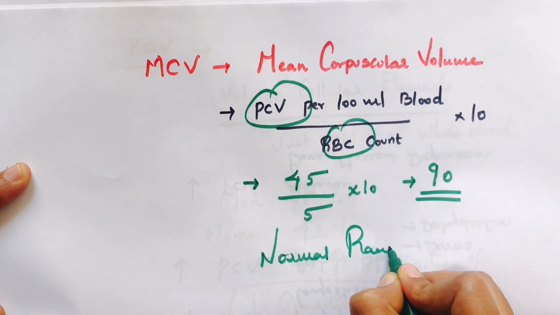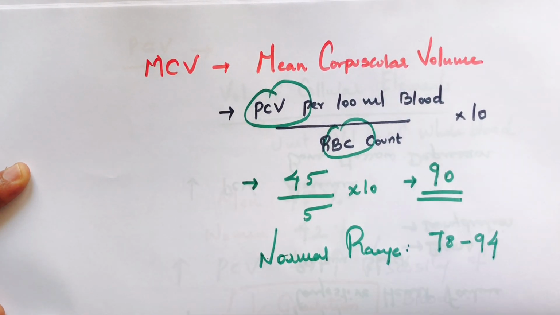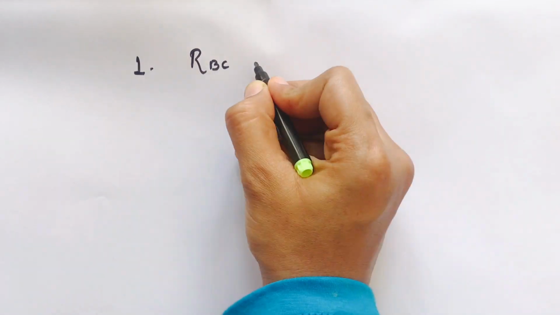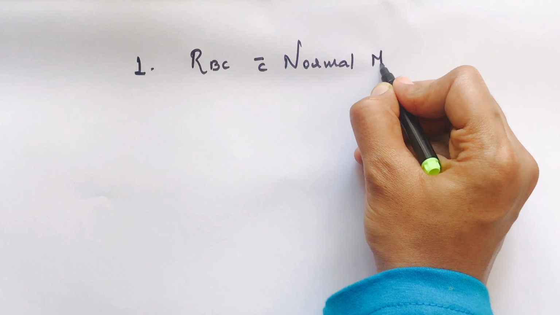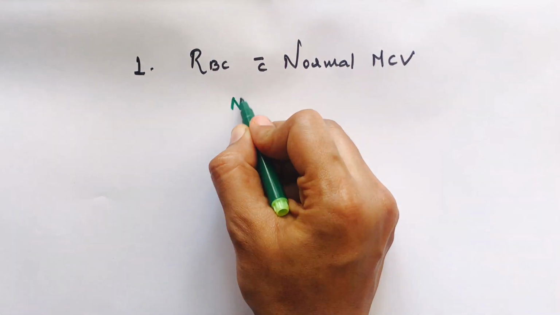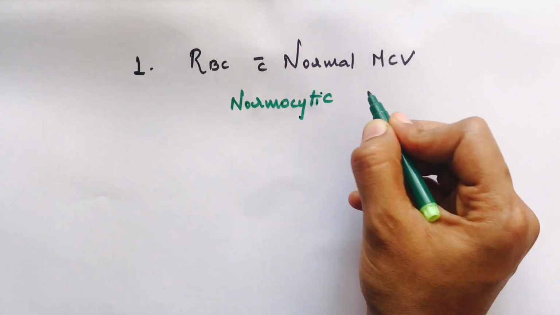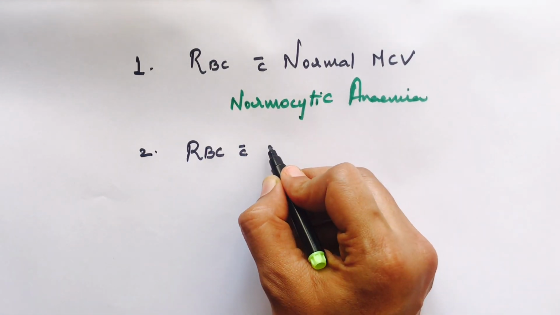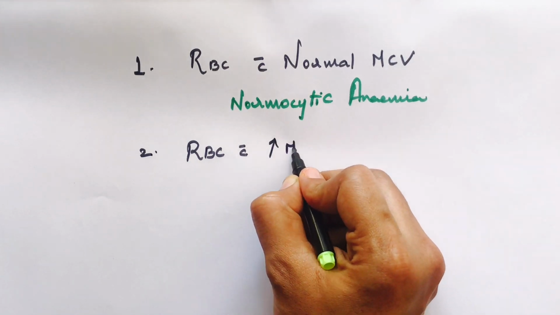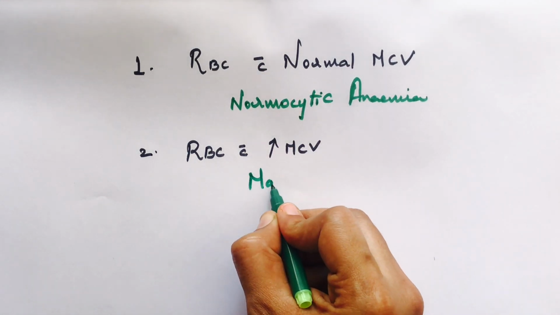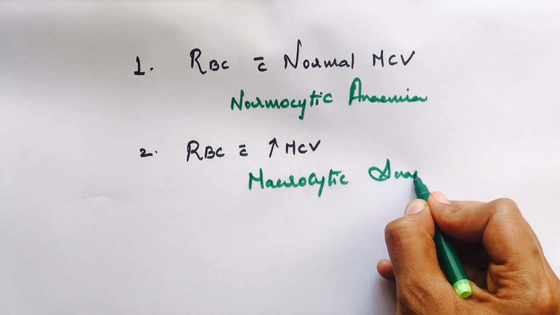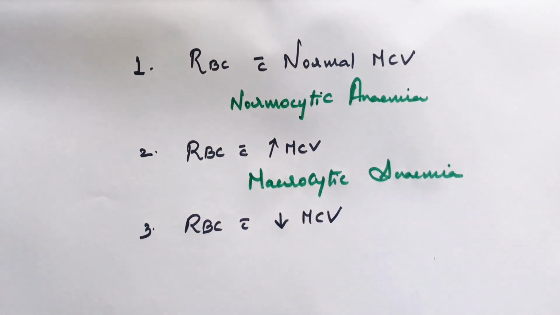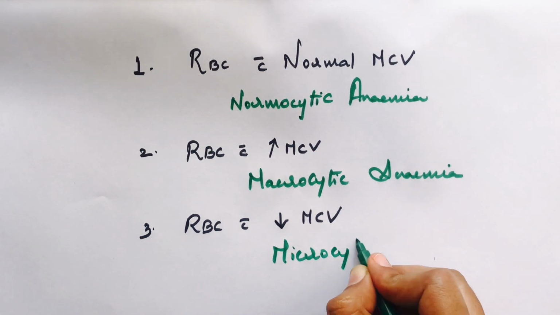The normal range of MCV is 78 to 94. So when the Rbc has normal mean corpuscular volume, they are named as normocytes. Red blood cell with increased MCV is macrocytes, and red blood cell with reduced MCV, they are called microcytes.